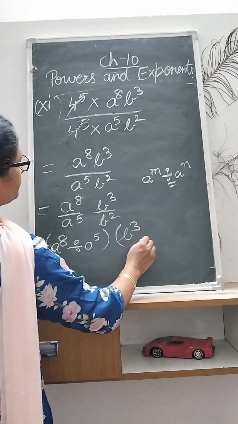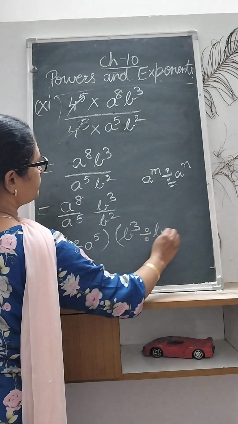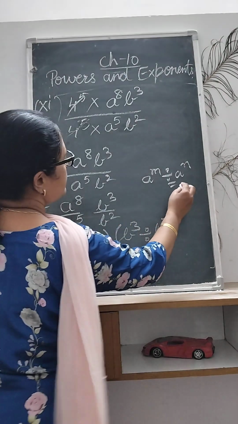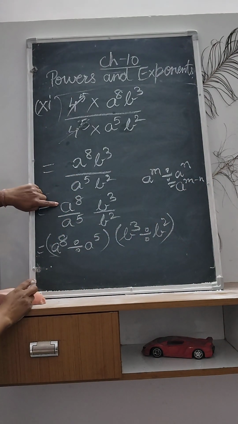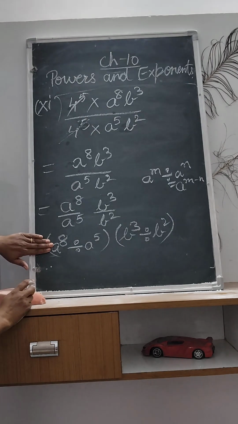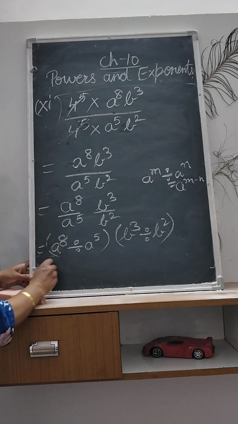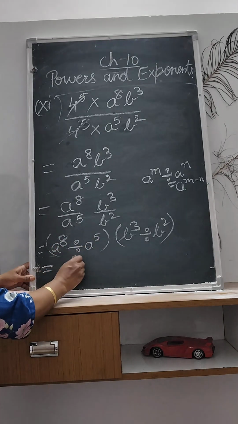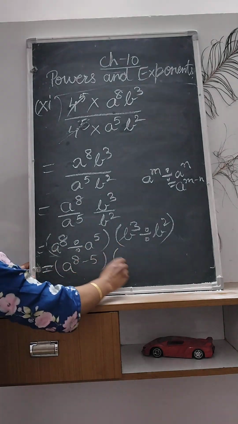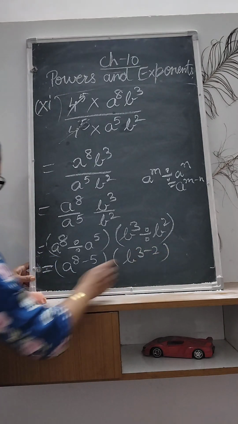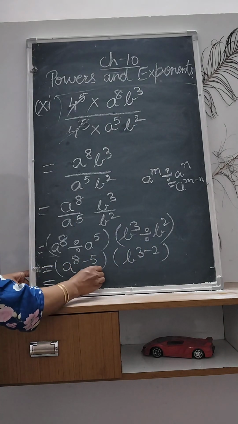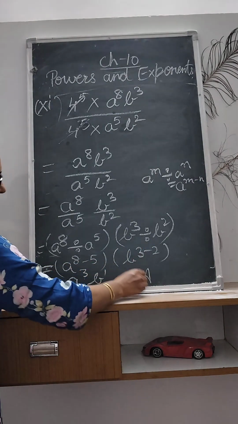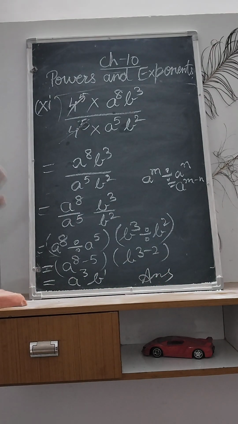You can skip this step, but if you want to write, you can write 8 minus 5 and here 3 minus 2. So what you got: a raised to power 3, b raised to power 3 minus 2 is b raised to power 1. So this is your answer when we are using the laws. Okay, I hope students you are understanding.